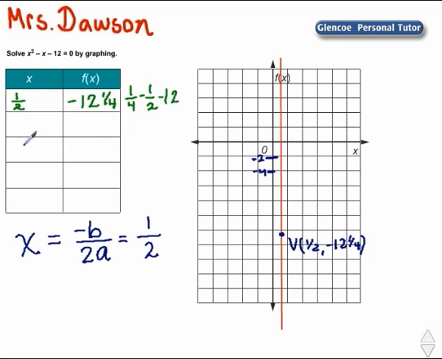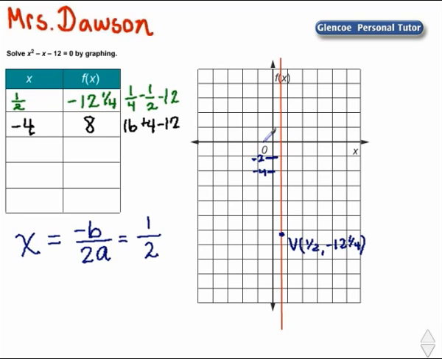We'll need several other points for the parabola. So how about x is -4? The square of -4 is 16, minus -4 is the same as adding 4, and then subtract 12. So we have 20 minus 12, which is 8. Let's plot that point.